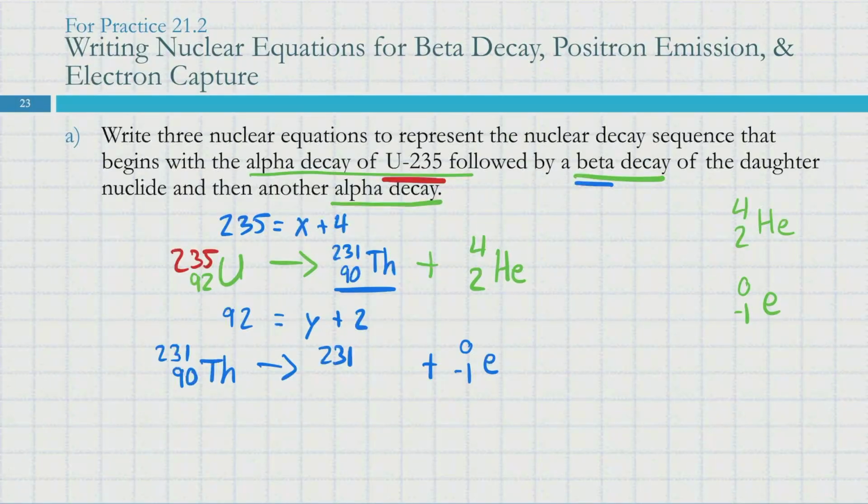All that's changed is our atomic number. So 90 equals Y plus -1. We would figure out that it's 91. So we've moved up 1, and Pa is the symbol that corresponds to that. I think that's protactinium.